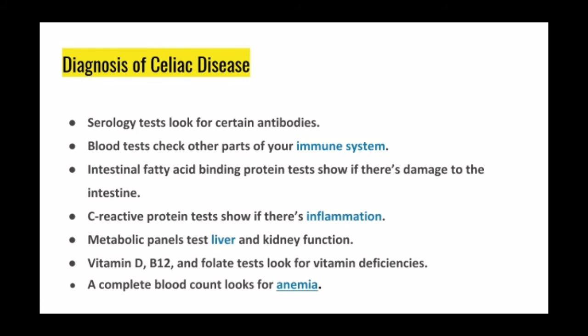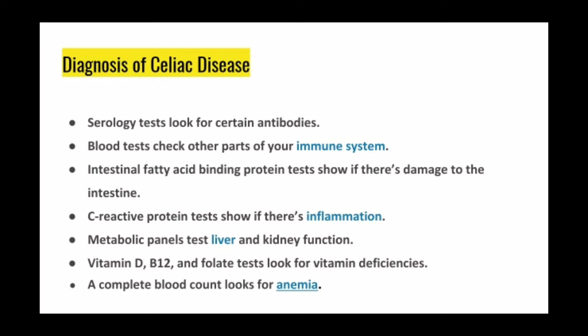Diagnosis of celiac disease. Different tests can be performed to identify if a patient is suffering from celiac disease. First is the serology test. A serologic test can be done to check for certain antibodies, like whether the immune system is affected or not. Blood tests can be done to check other parts of our immune system.